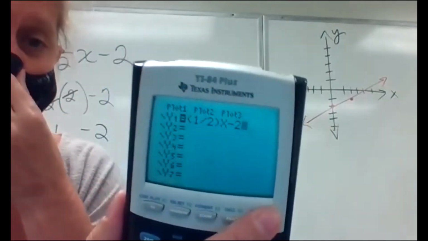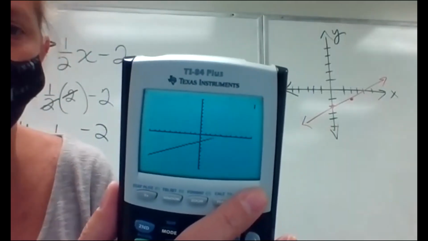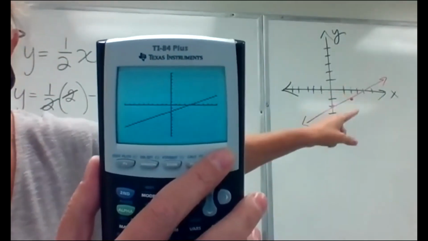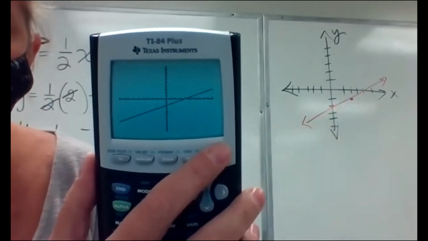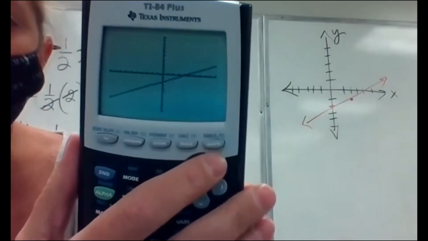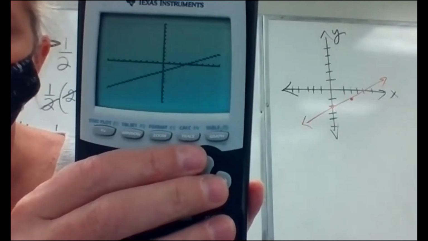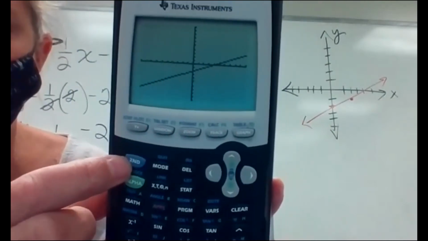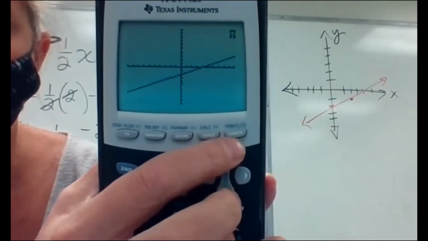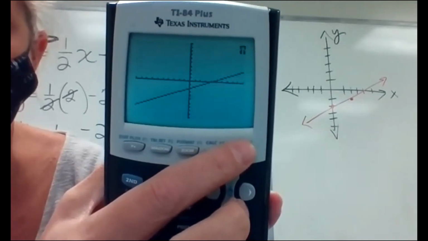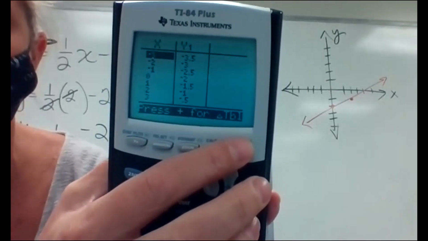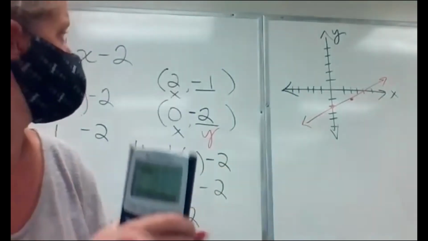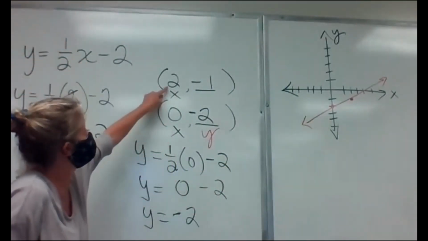Let's graph it to see what it's going to look like in the end. And look, it looks just like my thing on the board. Now, remember how to find the points. You hit the second button, and then back up and hit the graph button again. That's going to give you your table. Now, look, remember it told me the specific points it wanted me to use.